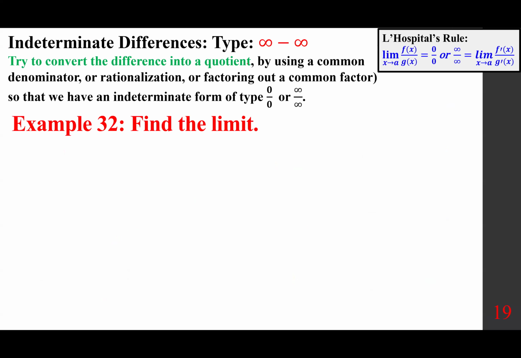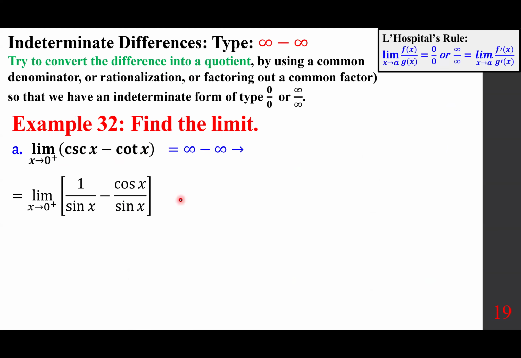There are other formats that can use L'Hopital's rule, like infinity minus infinity, but you have to change them so that it becomes one of these. As is the case here, if you plug in, you get infinity minus infinity. So the methodology is to remember that cosecant is 1 over sine and cotangent is cosine over sine. Therefore, with the common denominator of sine x, the numerator is 1 minus cosine x.